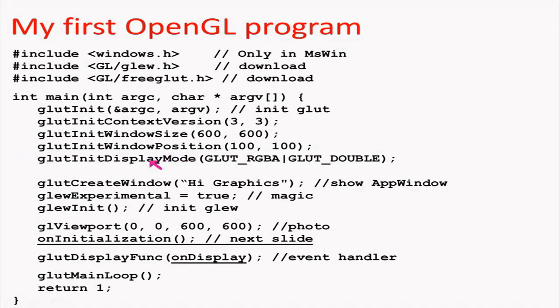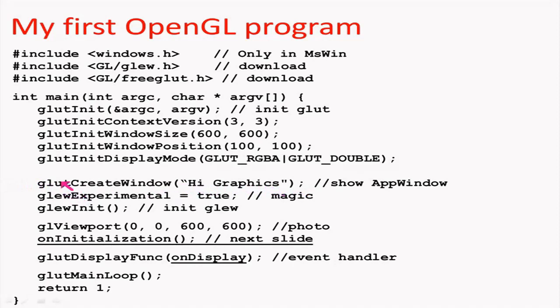In this case, we store 8-bit RGB and also alpha values in 2 copies in order to support double buffering. glutCreateWindow creates the window which shows up. "Hello graphics" will be the caption bar text of that window.